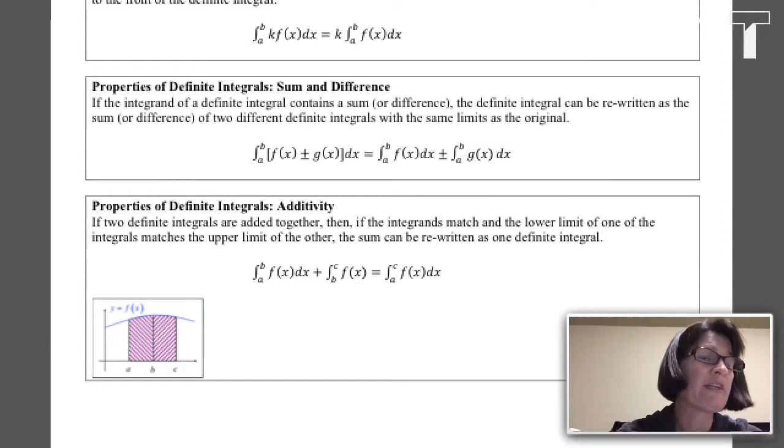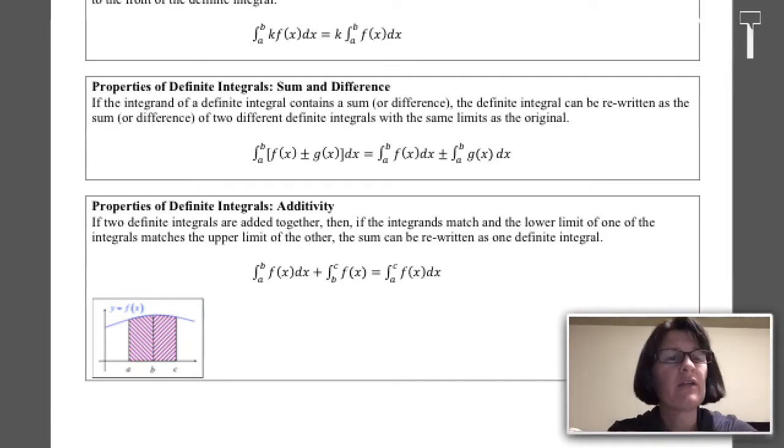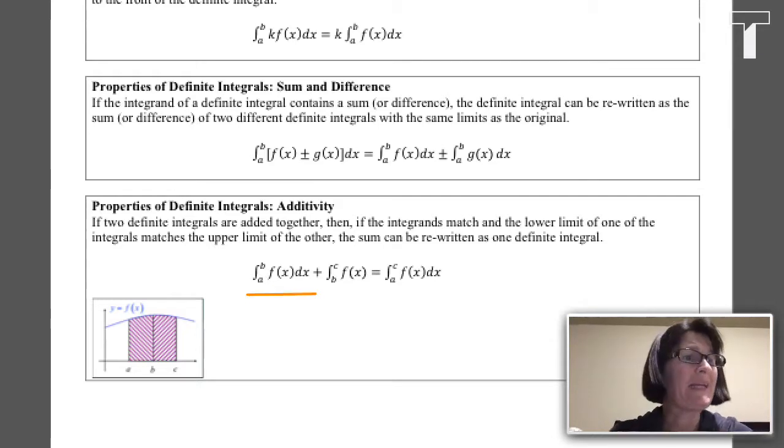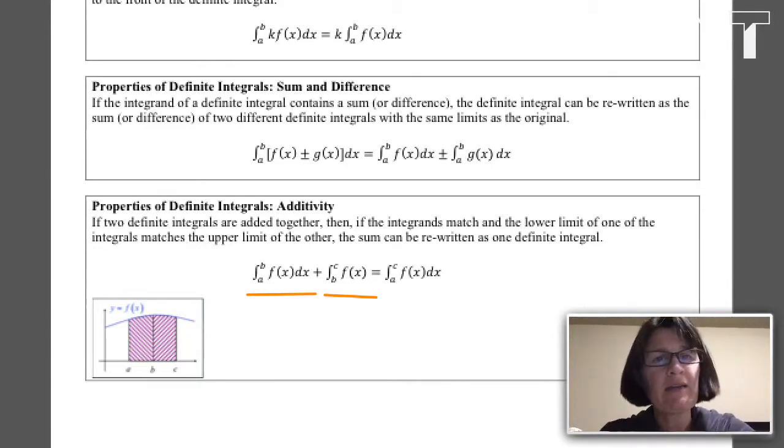And one more rule for definite integrals, it's called additivity. So remember, a definite integral is the area under a curve. If I want to add together these two integrals, this is the area under f of x between a and b. This is the area under f of x between b and c. Well, if you look at the picture, you can see this is the area under f of x between a and b.